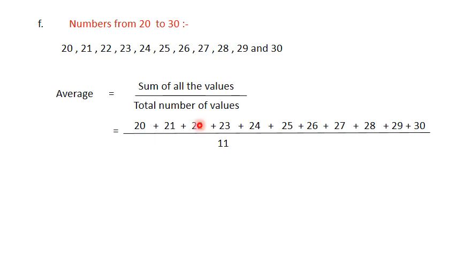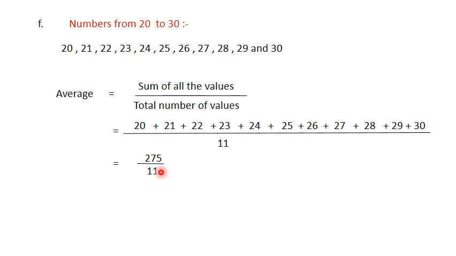Now again 25 and this become 50, 150. This 50, 200. This 50, 250, and 250 plus 25 becomes 275. So your answer is 275 divided by 11.